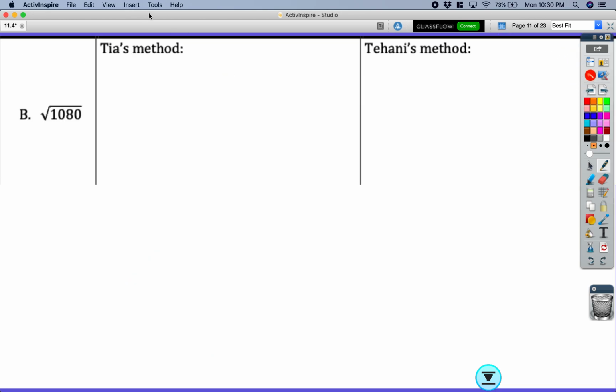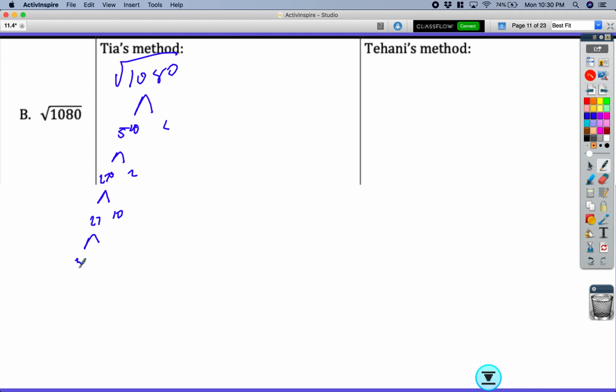We have 1080. So I already made a little factor tree. If we went ahead and did this, I'll do it in Tia's section. So I have the square root of 1080. And what we got is 540 and 2. And we got 270 and 2. And then I have 27 and 10.